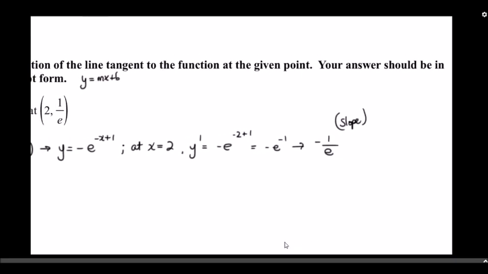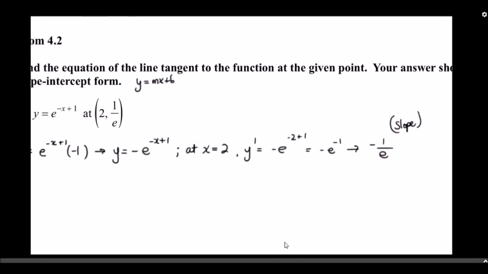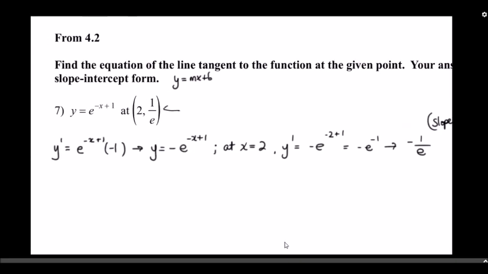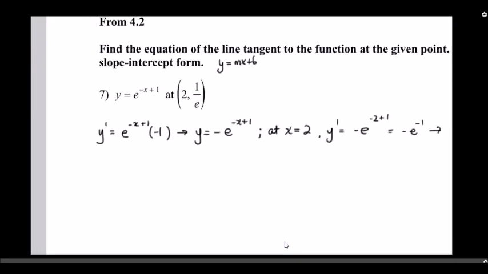So we're going back here to this y equals mx plus b. We know the slope now. The slope is negative 1 over e. We haven't been given this value for b. So what we can do is use the x and the y value given to us here with this point. X equals 2, y equals 1 over e. So we can set up an equation here.